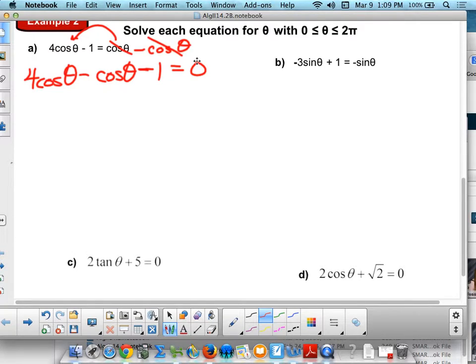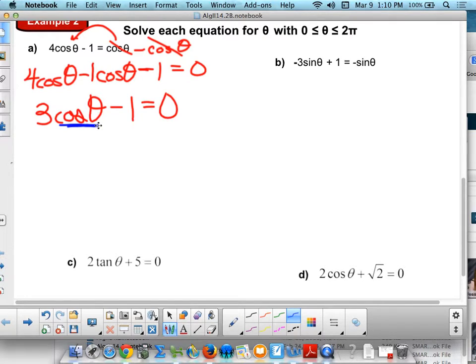All I did is subtract cosine. Now, what's 4 cosine of theta minus 1 cosine of theta? It's 3 cosine of theta, minus 1 equals 0. Now what I'm trying to do is get cosine all by itself.